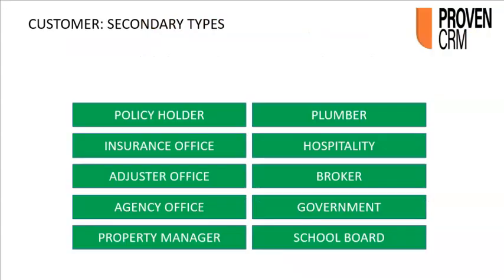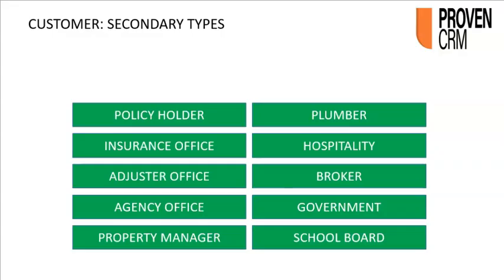Now that we've defined what the primary types are, let's look at the secondary types that can be selected on an organization record along with the customer or vendor type. These secondary types will be important if the record is to be added to the Job Relationships tab based on the role they have within the job. Here are some examples of secondary types for organizations that are set up with the primary type of customer.